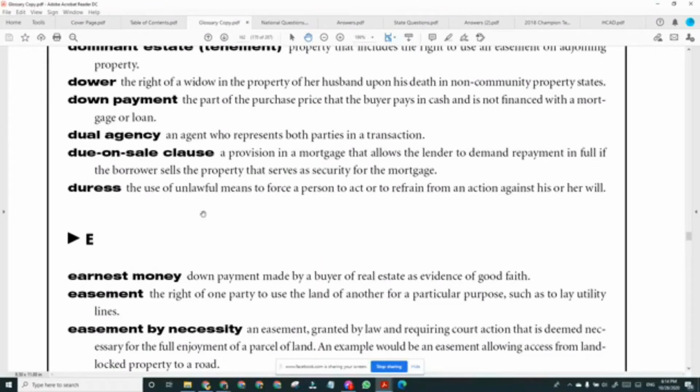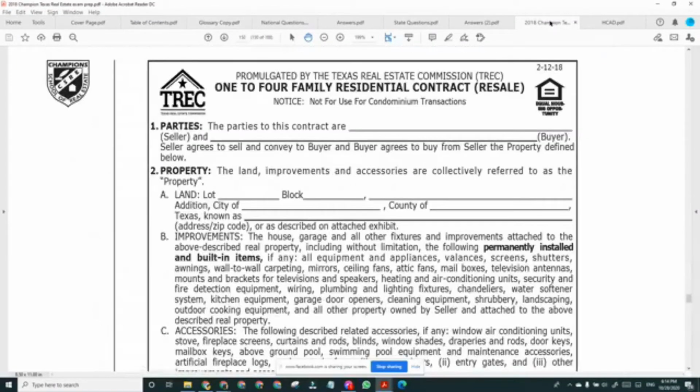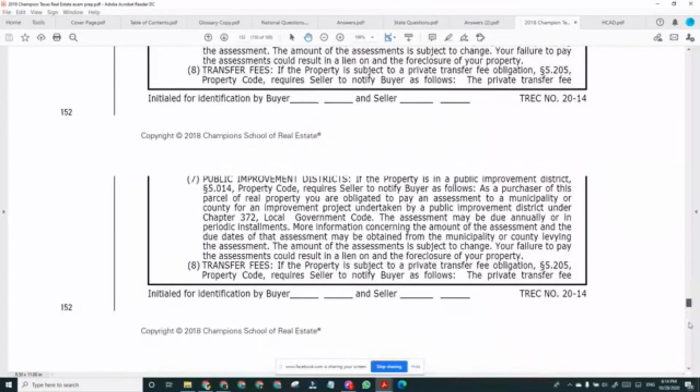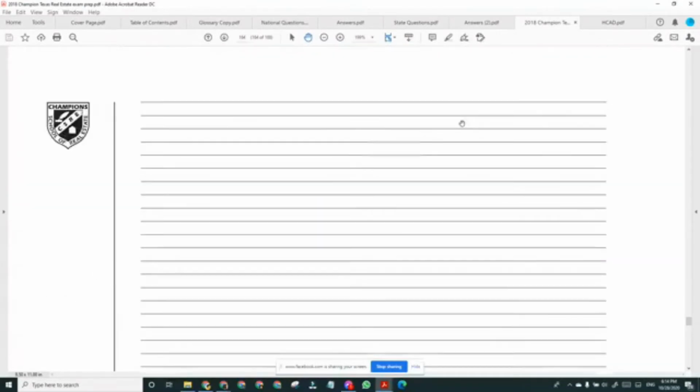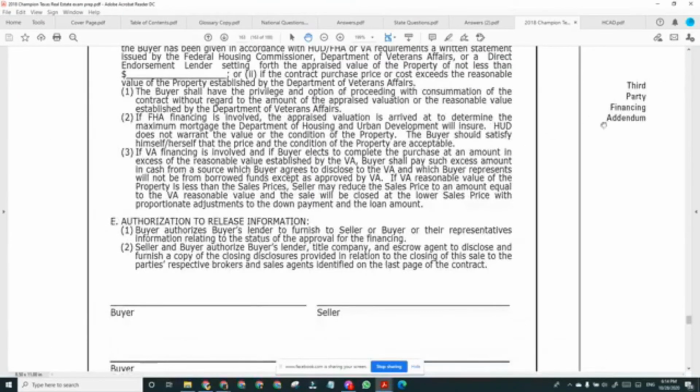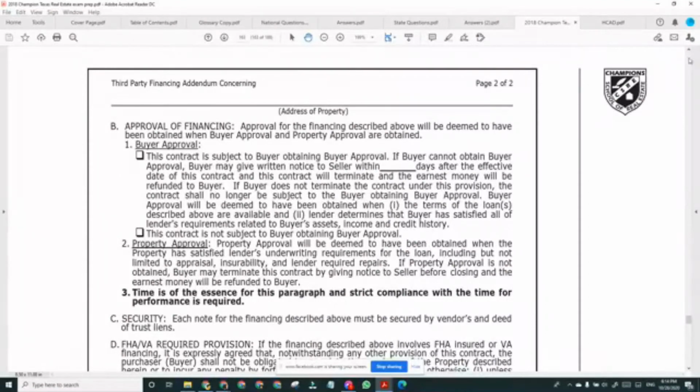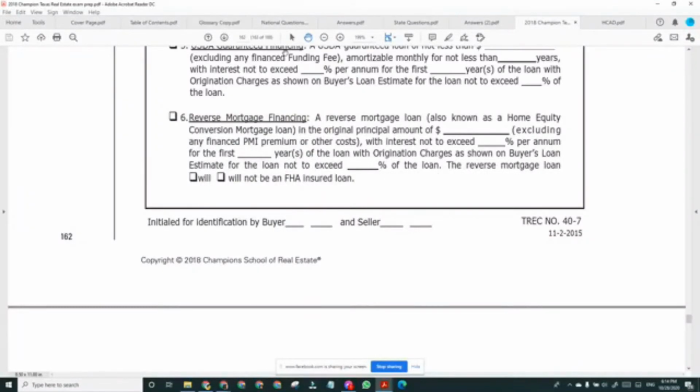Duress, the use of unlawful means to force a person to act or to refrain from an action against his or her will. It's bothering me that I don't remember the term, but there is assuming the loan. VA will allow assumption of loans. However, the borrower still has to qualify.